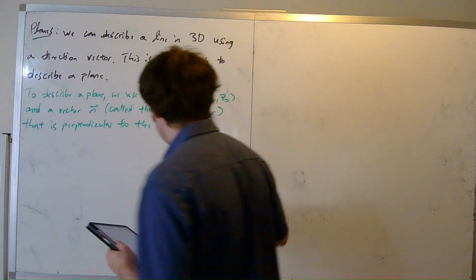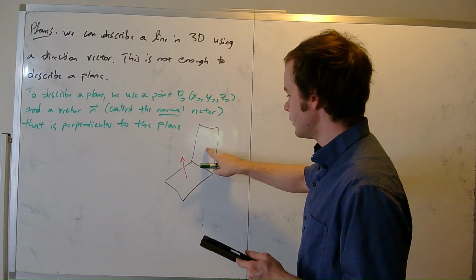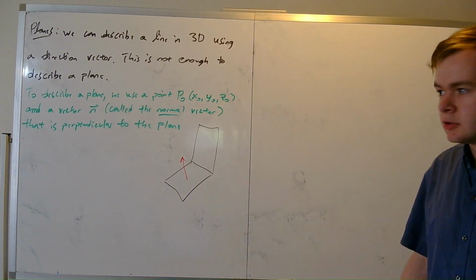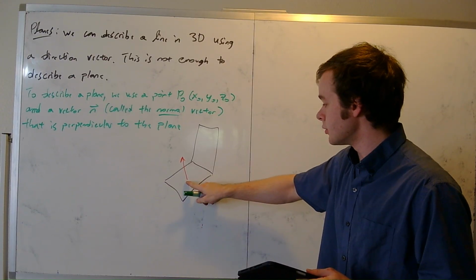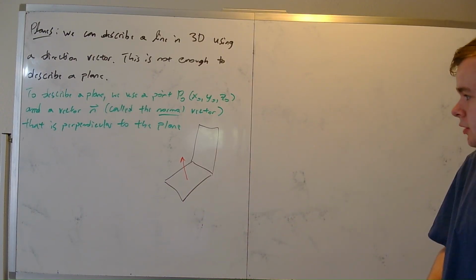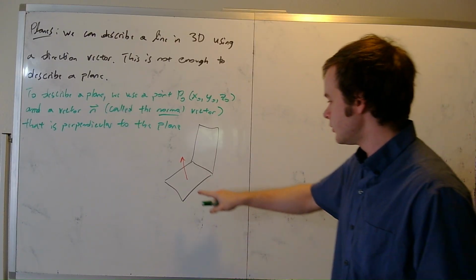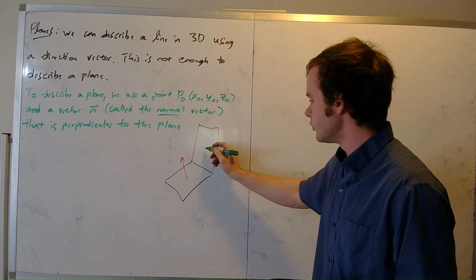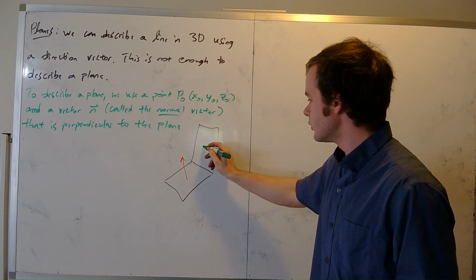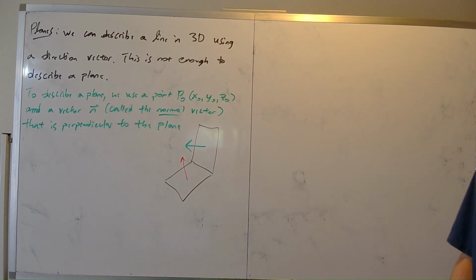Right, so I drew a vector here that's perpendicular to the floor, and notice that vector is actually parallel to the wall, so it is actually different, right? So that's going to be a way of differentiating planes, or telling which plane is which, is saying, well, the normal vector for this looks different from the normal vector for this, because the perpendicular vector to this plane would look something like that.